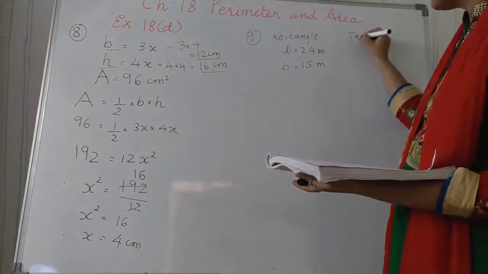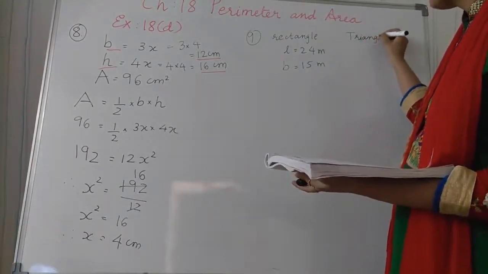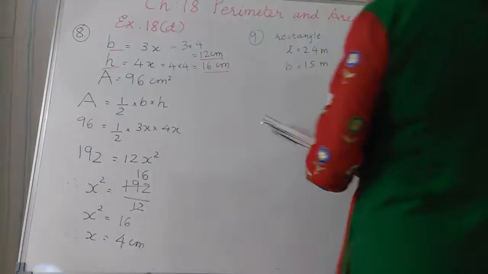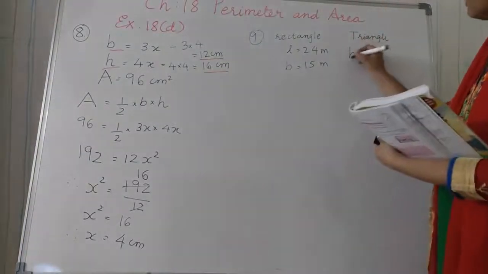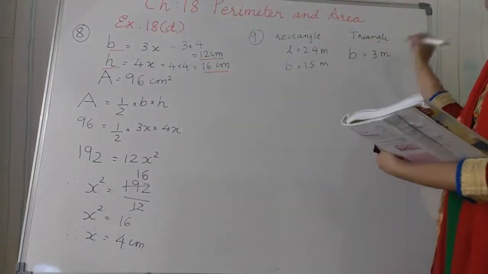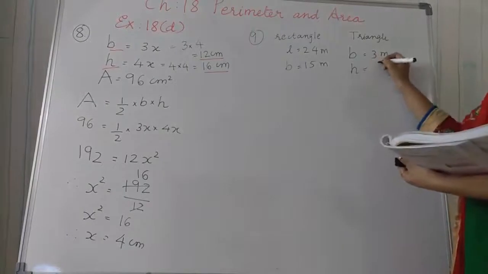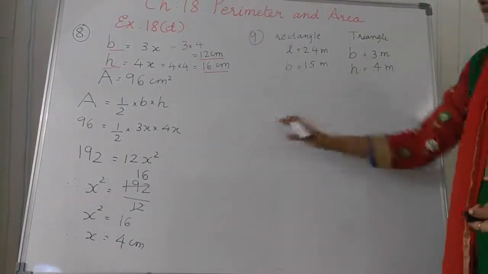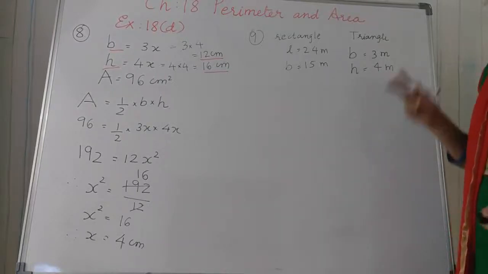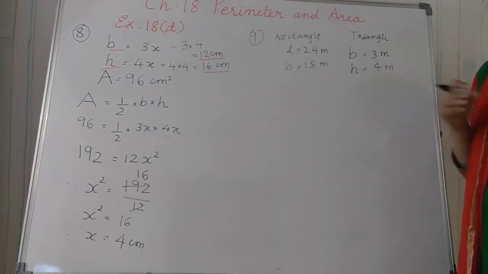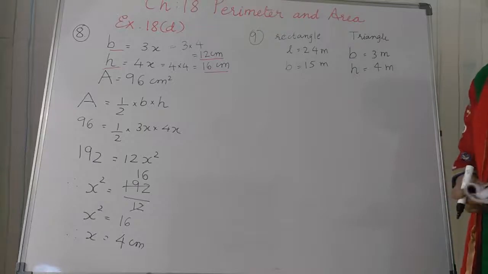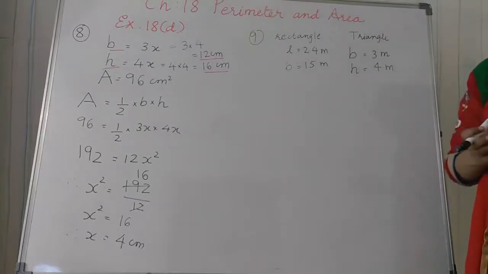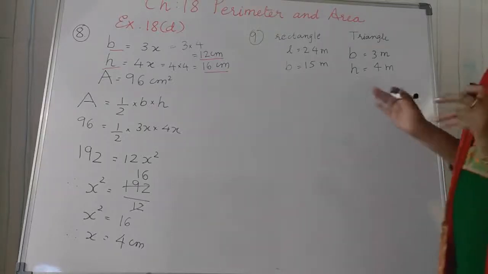It means here the shape is a triangle. So in the triangle, you can see the base and altitude are given. Base as 3 meter and altitude, means height, is given as 4 meter. So the question is, if there is a rectangular sheet, how many triangles of this shape can you cut from it, or how many triangular flower beds can be laid in the field.